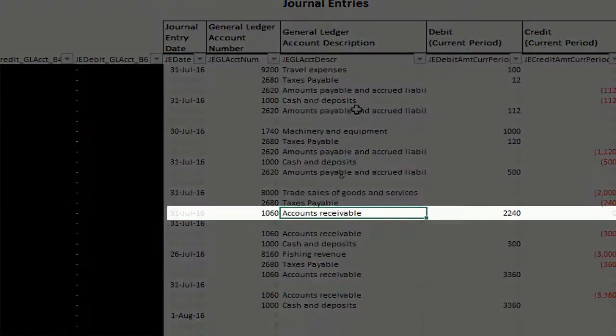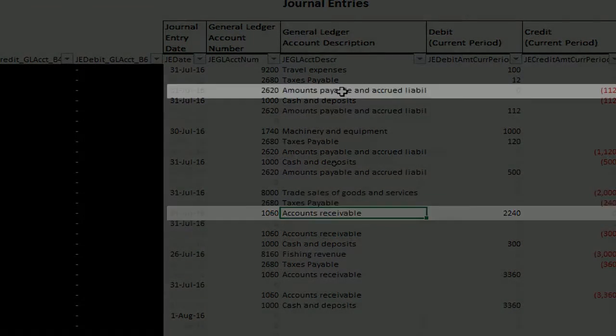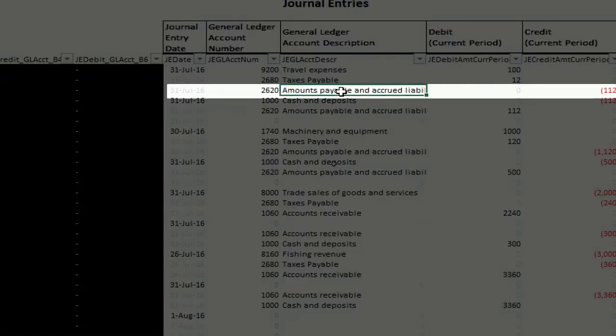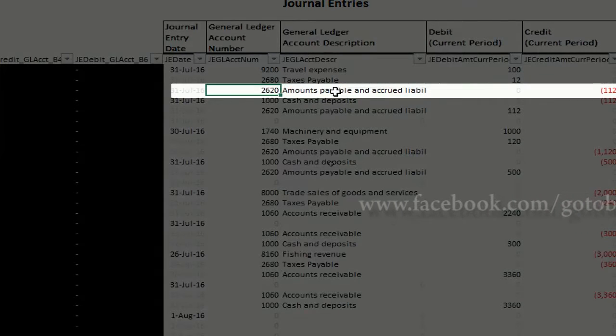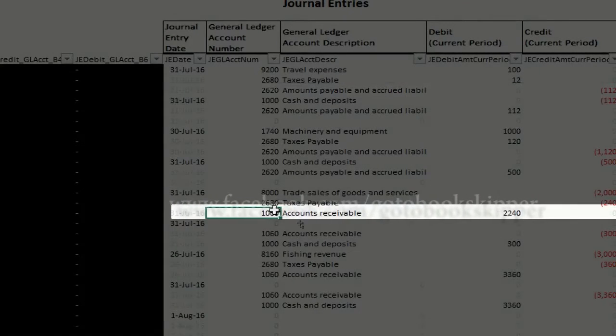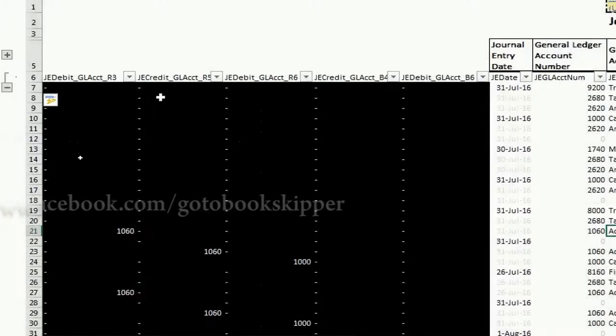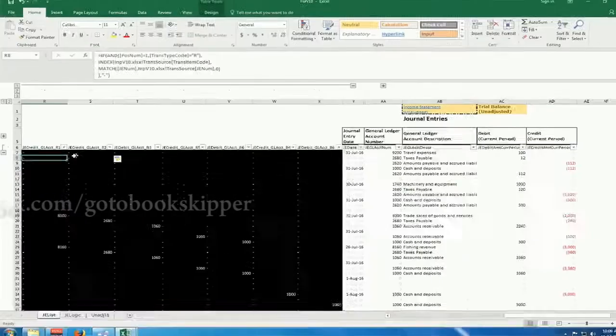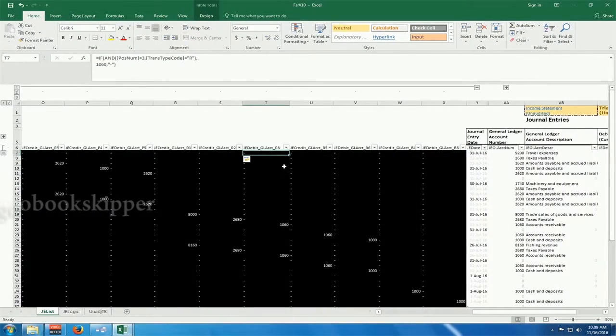For position 3, the accounts receivable is very similar to the one of the purchase transaction. In a purchase transaction case, we have 2620, which is the accounts payable, the AP. But for sales, we have 1060, which is accounts receivable. So let's take a look at the formula of R3.